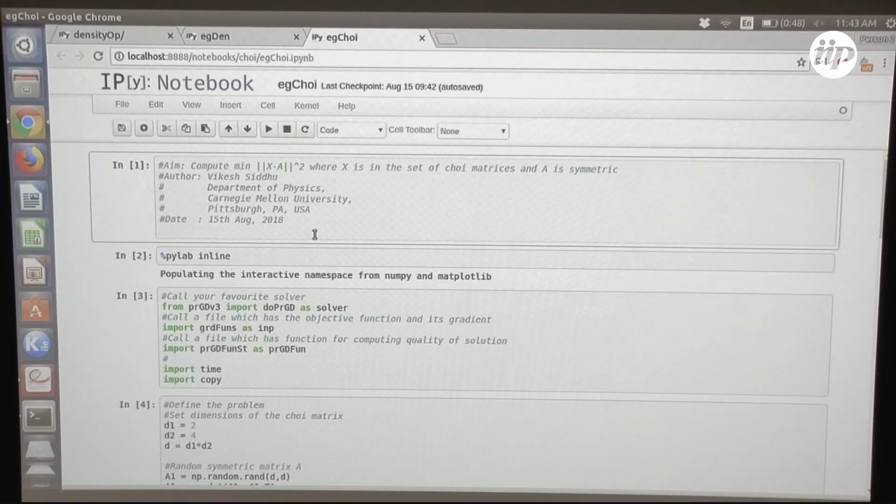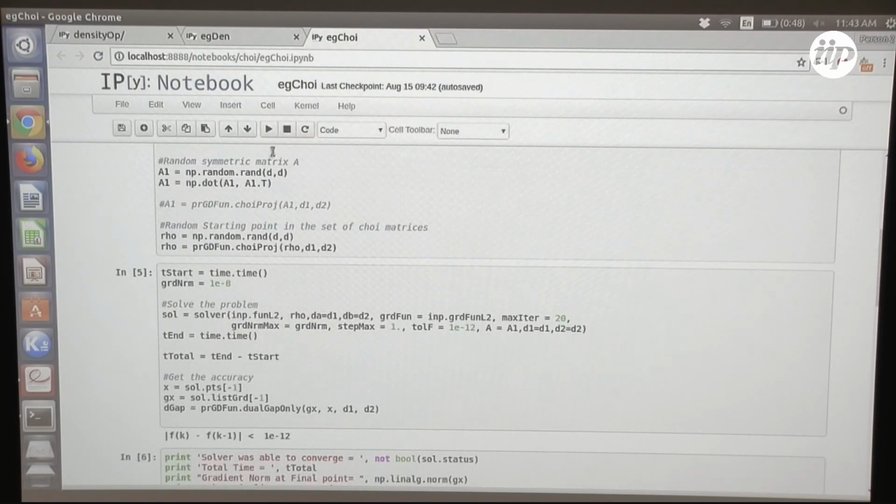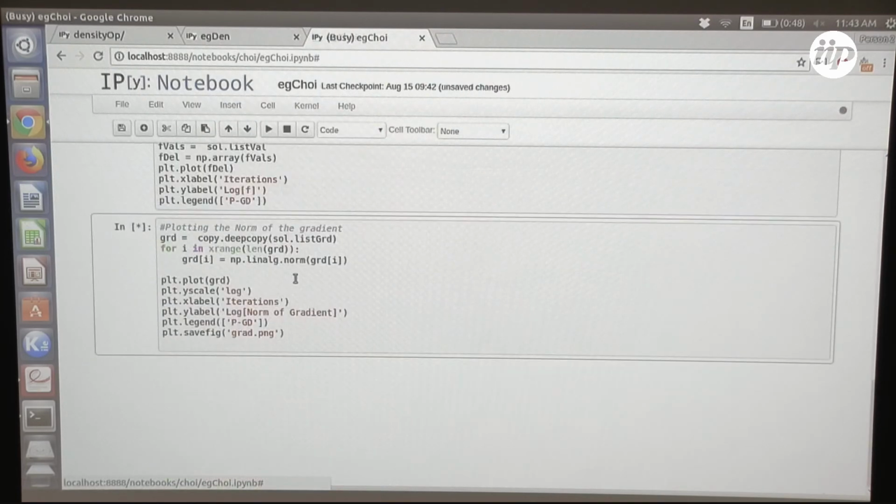You can do exactly the same for Choi matrices. This is the second file where I do exactly the same thing, but I replace C with the set of Choi matrices. You define the problem, fix the dimensions of the two spaces in the Choi matrices, and in this case, I just start with some point.